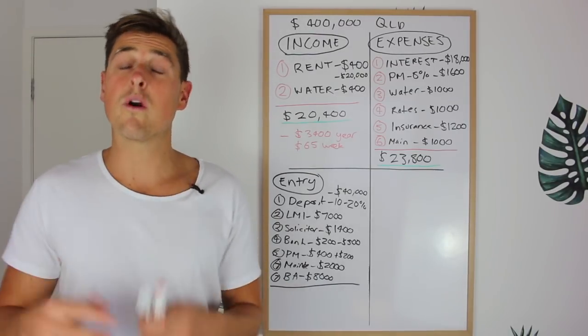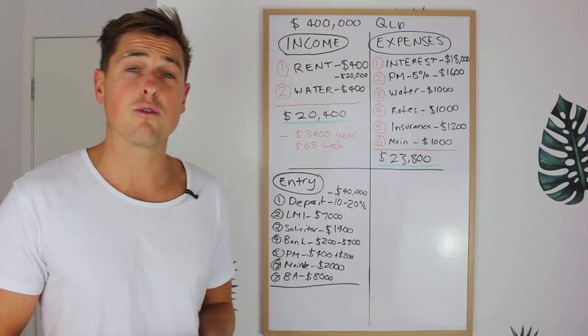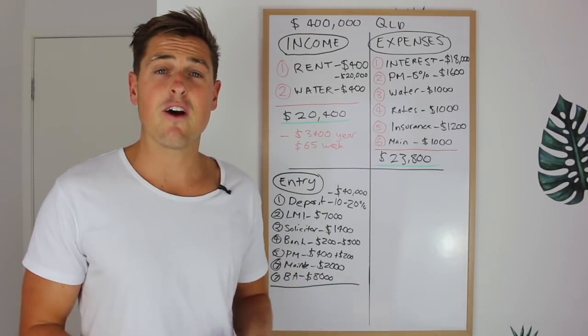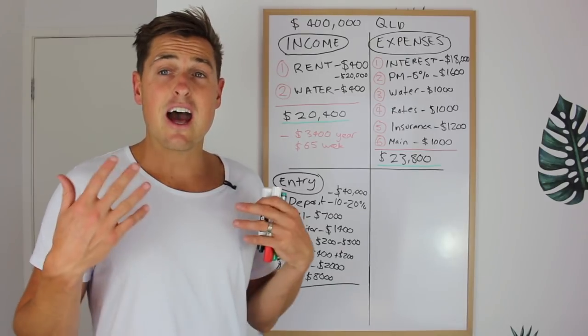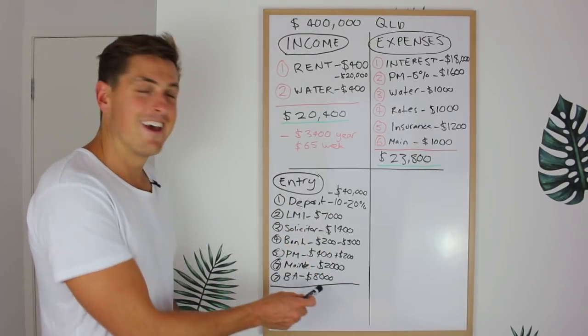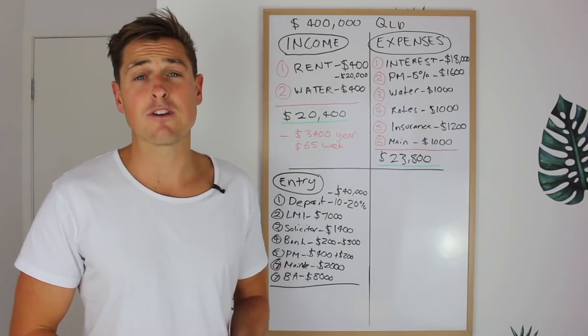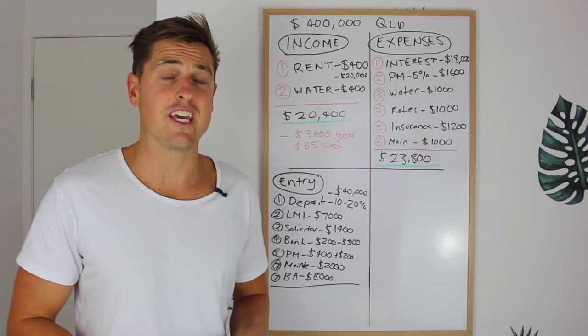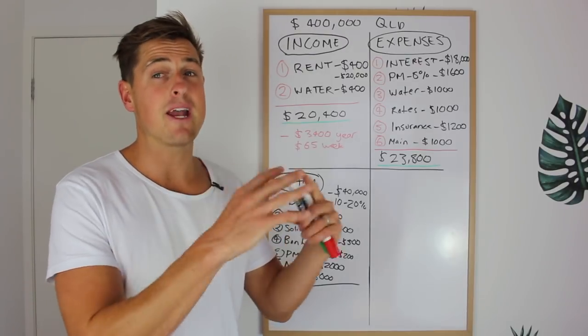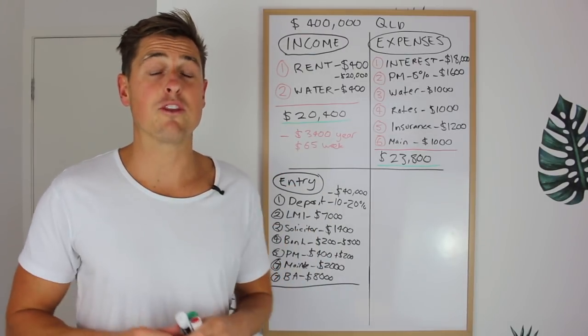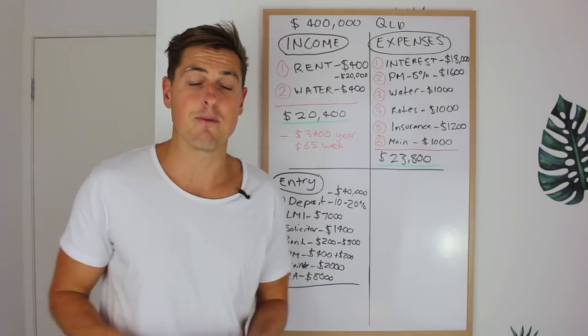A lot of people want to do this on their own or assume that they can do it on their own, which is completely fine, but buyer's agents can add a lot of value and save that fee 10 times over sometimes in the first 12 months or the first 5 years, because they've helped you buy a better quality property that's more in line with your goals in the right market, suburb at the right time.